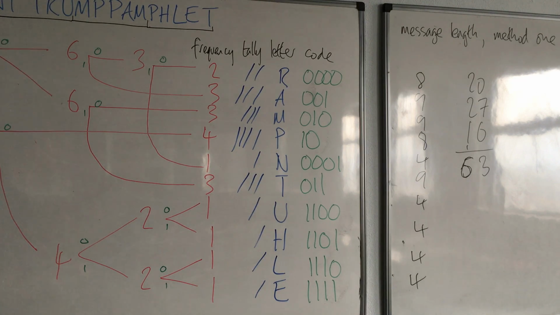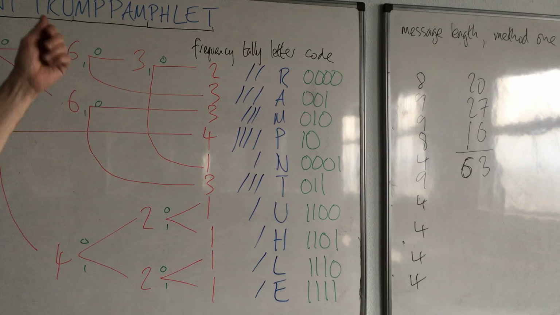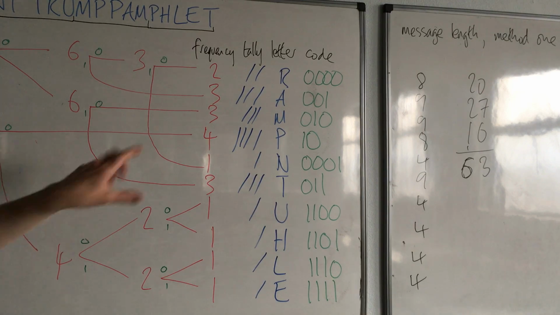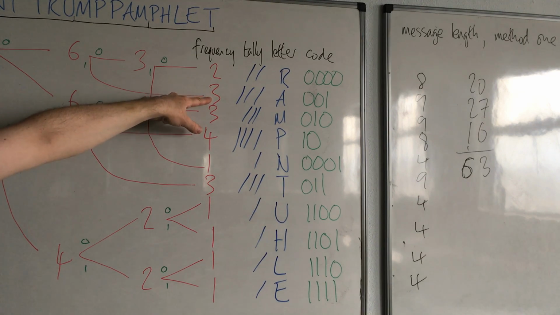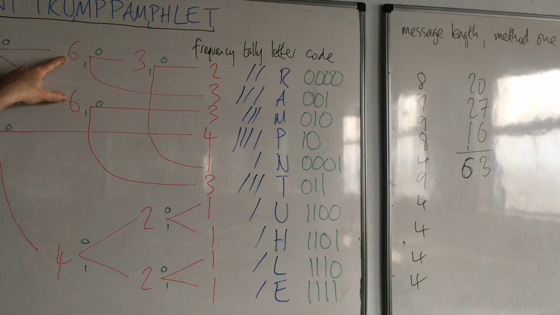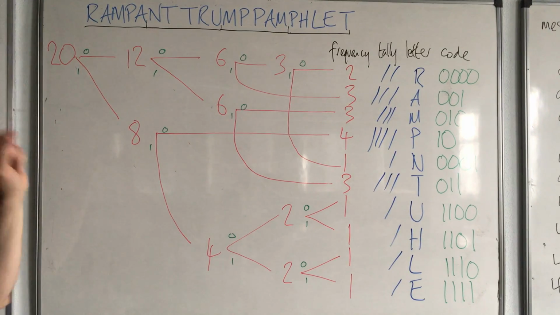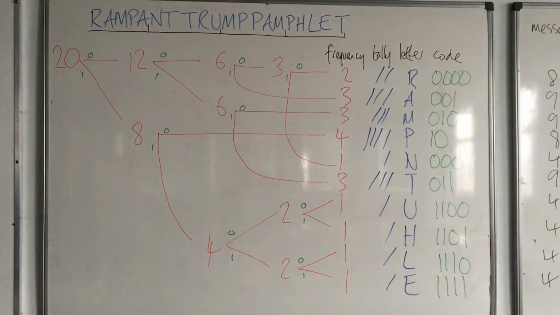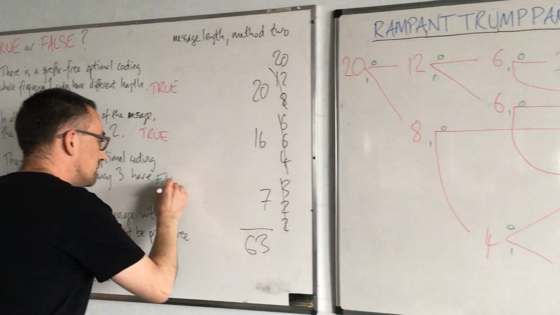So our 2 6s had to be made from 2 letters with frequency 3 to make a 6, and another letter of frequency 3 together with a group to make the other 6. The 2 6s had to make the 12, and then that guarantees that all of the letters with frequency 3 will have the same length. Again, there was no choice about that, so this one is false.